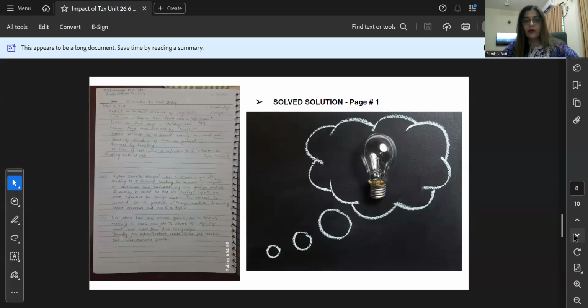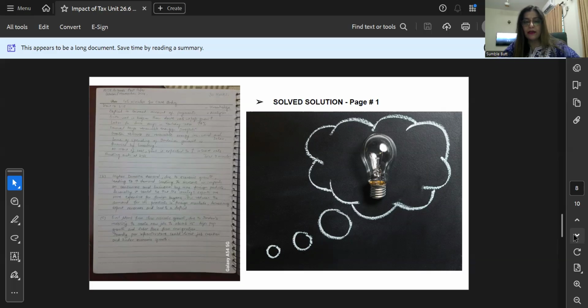So I have also given screenshots of the solved solution. This is page 1, which gives you solutions. Firstly, summary of the case, which I did in order to have a kind of an analysis of the situation that Jordan is facing at the moment.